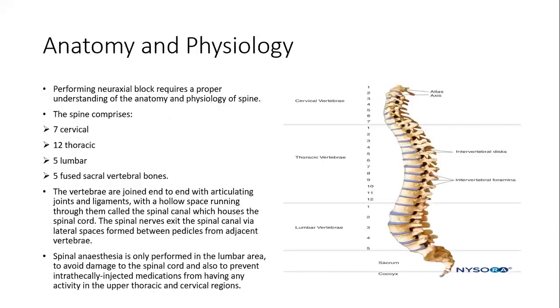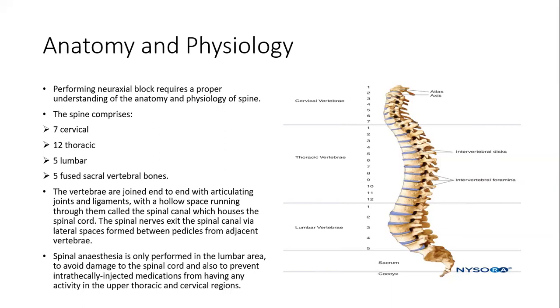It is important for you to understand the anatomy and physiology of the spine in order to do a proper neuraxial block. So just to remind ourselves of basic anatomy, if you look at the right side of the screen, this is a picture from the New York Society of Regional Anesthesia.